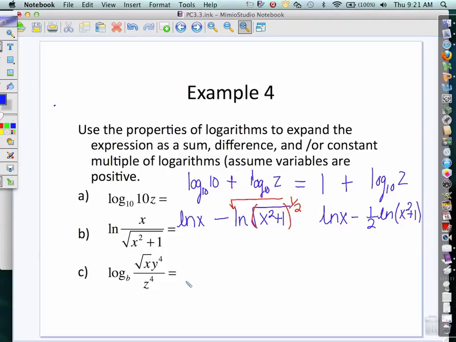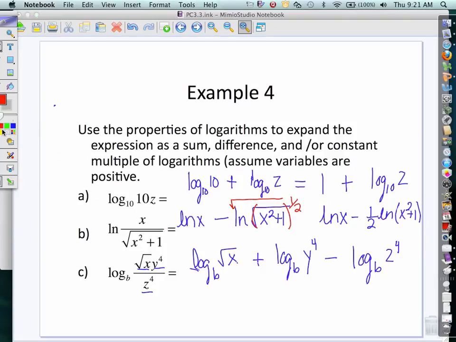All right, that'd be as far as you'd be able to take that to completely expand it out to as many terms as possible. Here we've got three things being multiplied and divided out. So you're going to have three different logs. You're going to have log base b of the root of x, and then you can do plus log base b of y to the fourth, and then the division would be subtraction, minus log base b of z to the fourth.